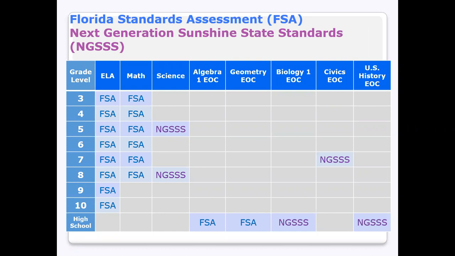The FSA is done by the company AIR, American Institutes for Research, and they subcontract with a company called DRC, Data Recognition Corporation. Then we have our Science and Social Studies statewide examinations. Those are the Next Generation Sunshine State Standards, and those are done by the company Pearson.